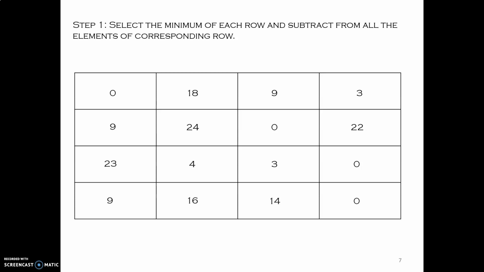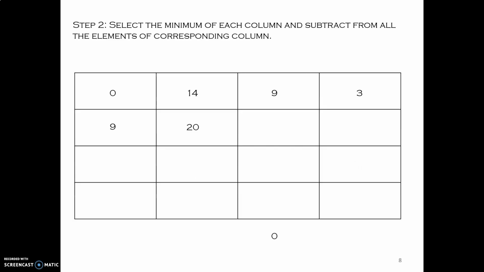So I'll be subtracting 0 from 0, 9 from 0, 23 minus 0, and 9 minus 0, which will obviously give me the same first column. Similarly for the second and third columns, and I'll be getting this matrix: 0, 9, 23, 9, 14, 20, 0, 12, 9, 0, 3, 14, 3, 22, 0, 0. I'll be using that now for the allocations.